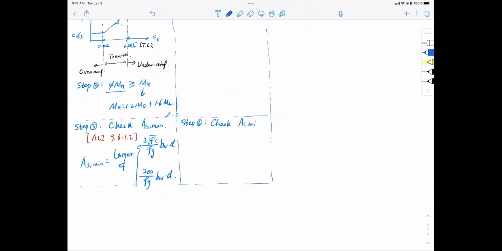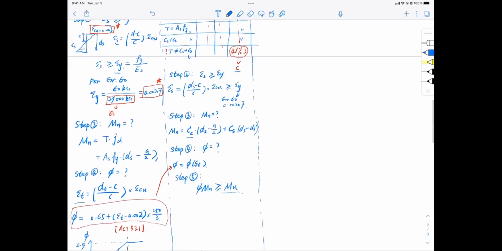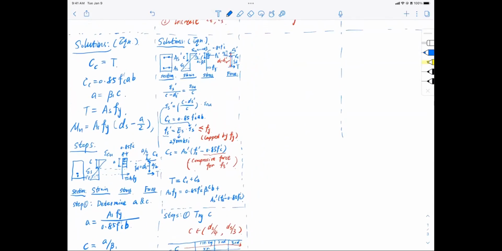And this is the same thing for doubly reinforced section. You may ask, Bob, what do you mean by same thing? In doubly reinforced, I have compressive reinforcement. You do, but when you check for As min, this means tensile reinforcement only. Don't have to worry about the compressive reinforcement, and the same equation applies. So a little bit long, but not a big problem.